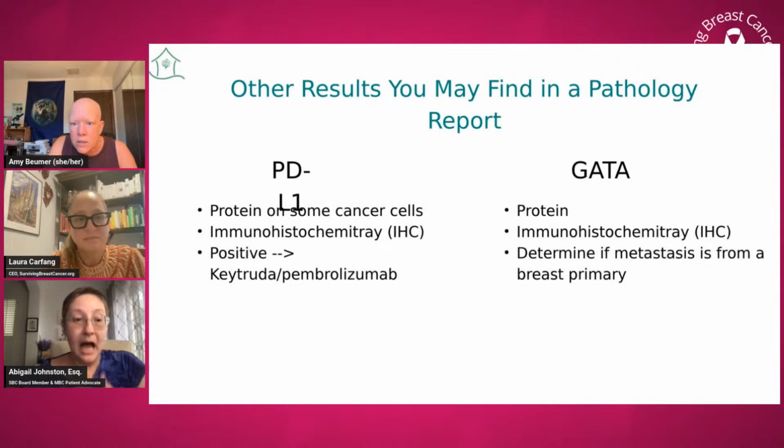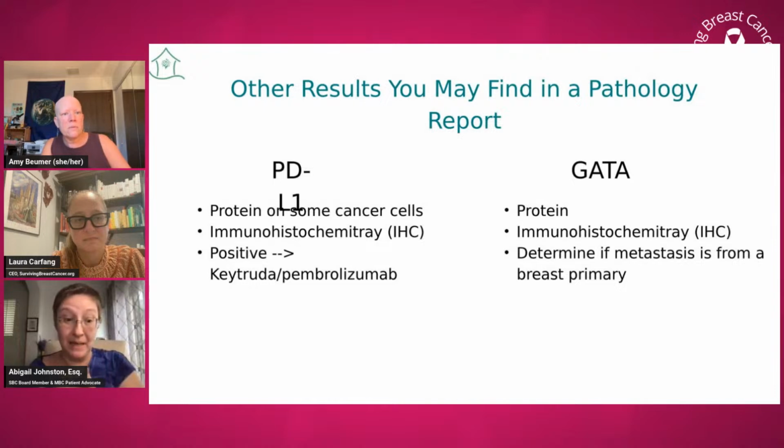Okay. I did just want to say, the cancer in my body is hormone positive, but I am also PDL1 positive, which is a unicorn type thing. But PDL1 status and your tumor mutational burden, which we may talk about, are somewhat connected.